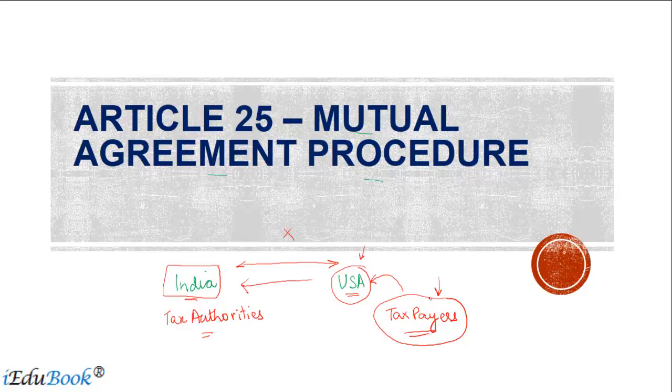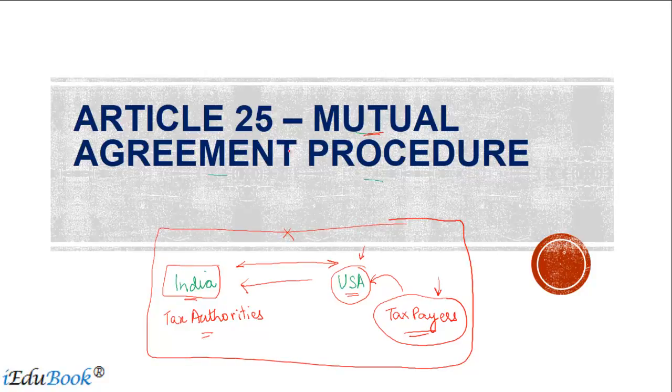Then it is up to the taxpayer whether or not to accept it. The procedure through which this entire exercise is done is known as a mutual agreement procedure. A procedure wherein the contracting states, both of them, mutually agree, right, to a particular point.